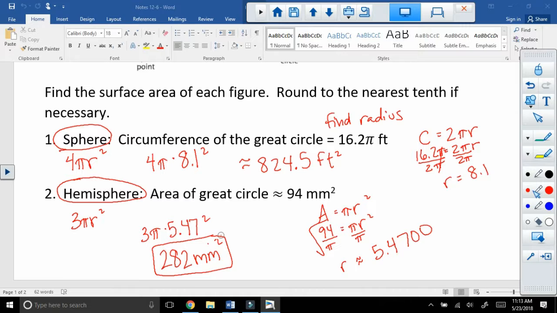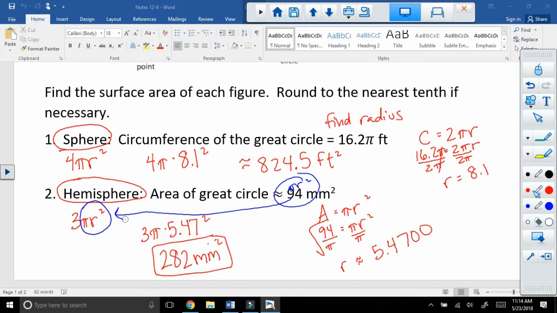Any other ideas as to maybe how you could do that one, in a way that would be way simpler than what we just did? This number here is what pi r squared is, correct? Any ideas as to what you could do?